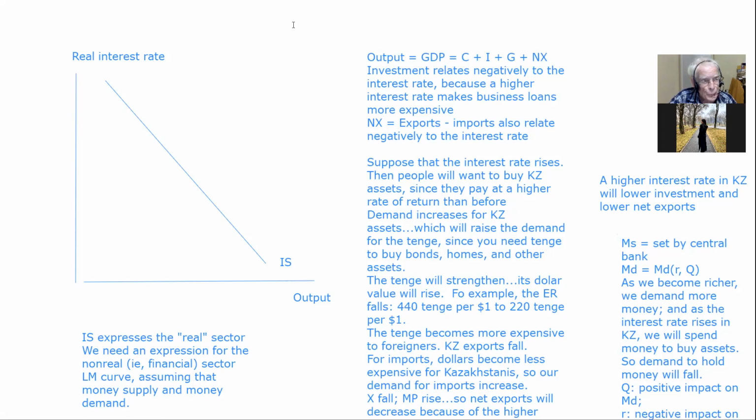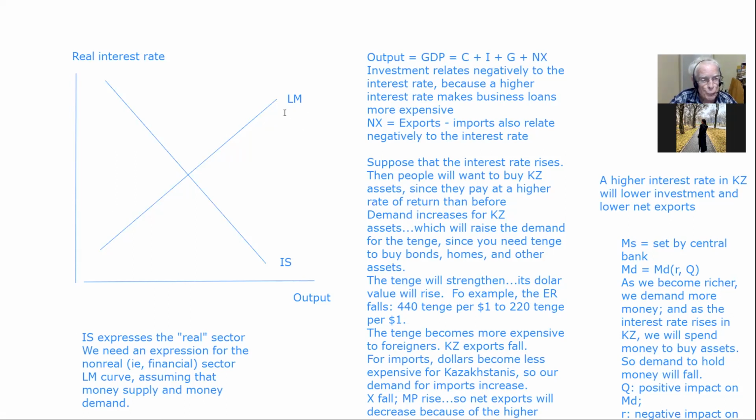So here is the LM curve. You remember this from a discussion before. You remember that we assume all along the LM schedule that money supply is a constant, for example, 3 trillion tenge.